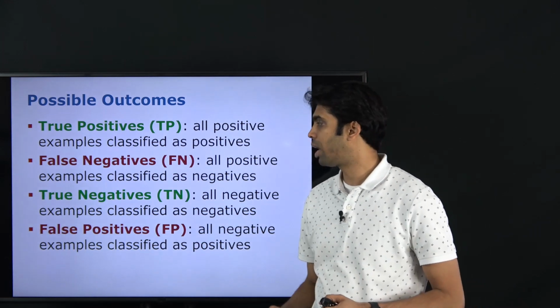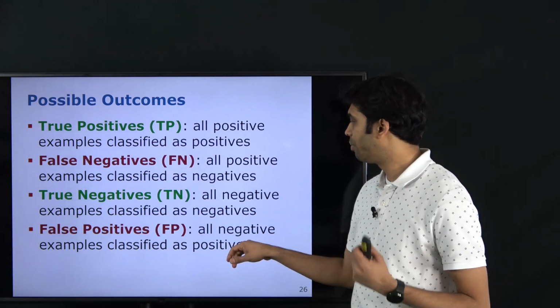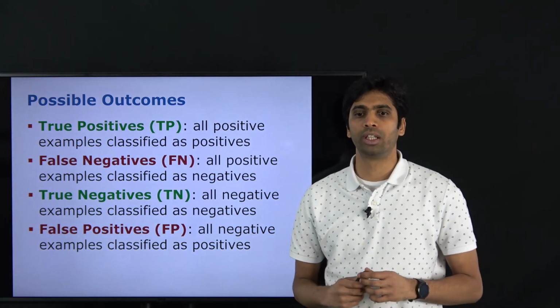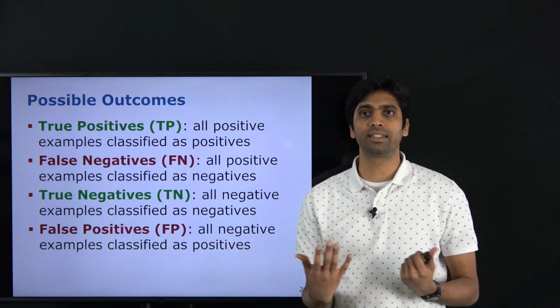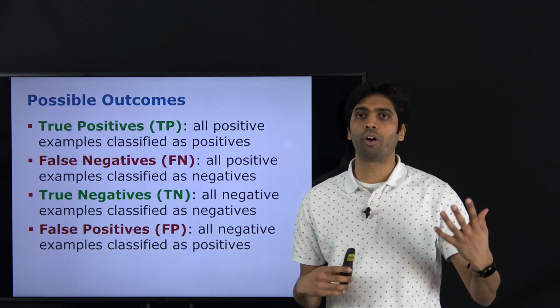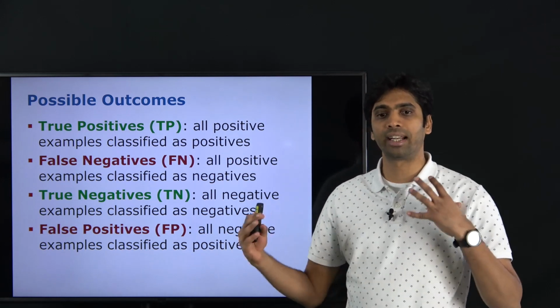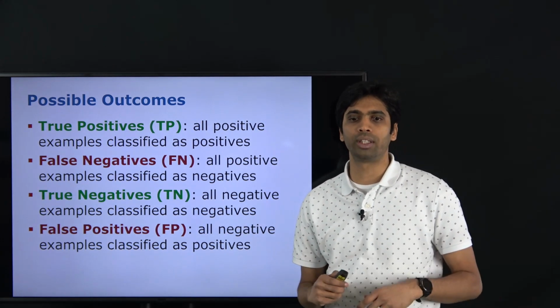And the fourth one being the false positives, where you make a wrong assignment of a negative example as a positive. And so there are different instances in which, for example, we would like to reduce false positives, or we would like to reduce false negatives, and depending on our application, we would optimize for one or the other.